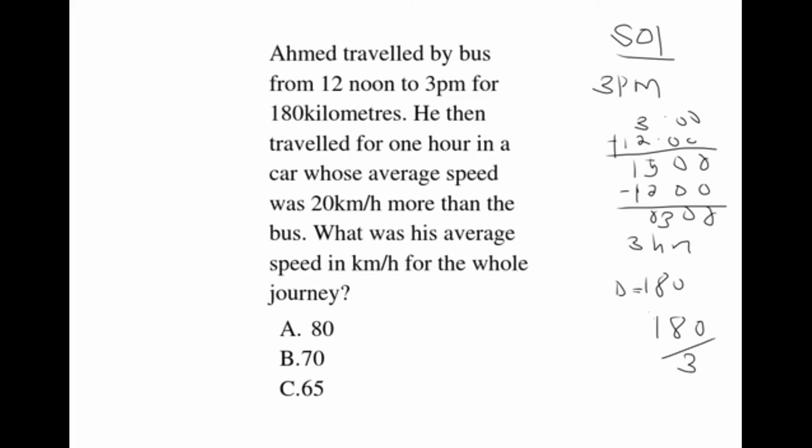Then we simplify by 3, 180 divided by 3, 60. So the average speed for the bus is 60 kilometers per hour. For bus.